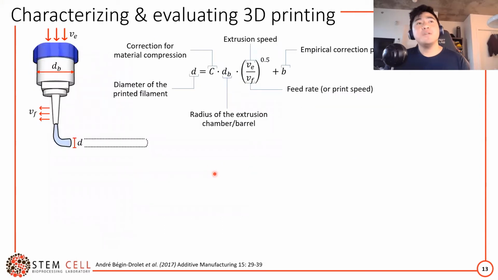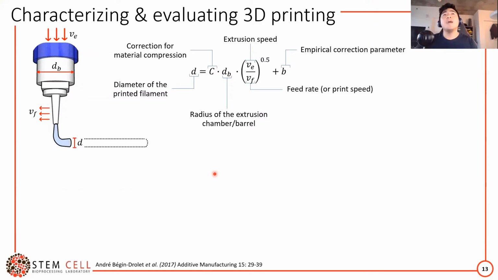Now, how do we print something that we want from this ink? We have this ink, we have this printer that can 3D print things, but what's important about 3D printing is the accuracy and the precision and really achieving the geometry that you want. You can, for example, get the triangle or the square that you want, but the size matters, the dimensions matter, the micro details matter.